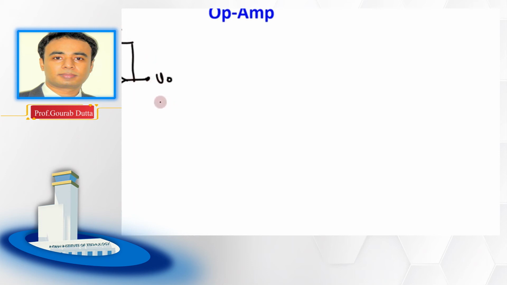This is the output, and say this input is a sinusoidal input, whose amplitude is Vm, and the signal is sine of omega t. So Vi is actually equal to this, right? Then what will be the output here? So here the output would be equal to 1 plus R2 by R1, right? This is the gain of this non-inverting amplifier into this input. Input is Vm into sine of omega t, right?